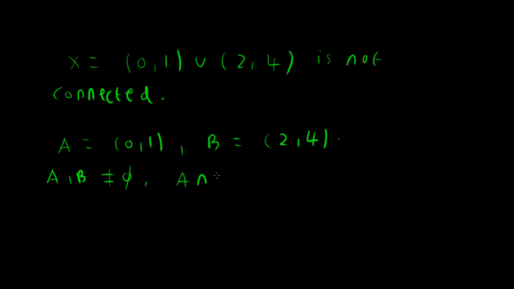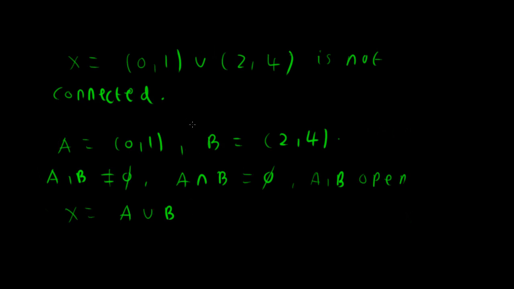A intersected with B is empty, so they are disjoint because you can see the intervals don't include each other. And A and B are open. Good. And X is, literally by definition, A union B, because I wrote it as the union. So this is not connected because we can find two sets A and B that satisfy the conditions, and X is the union of the two.